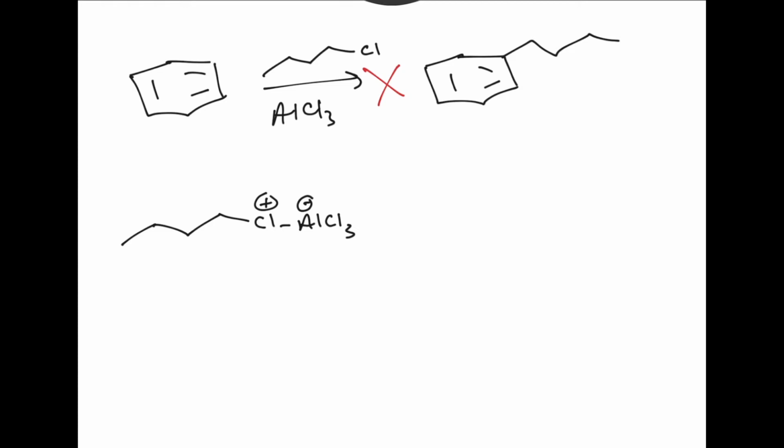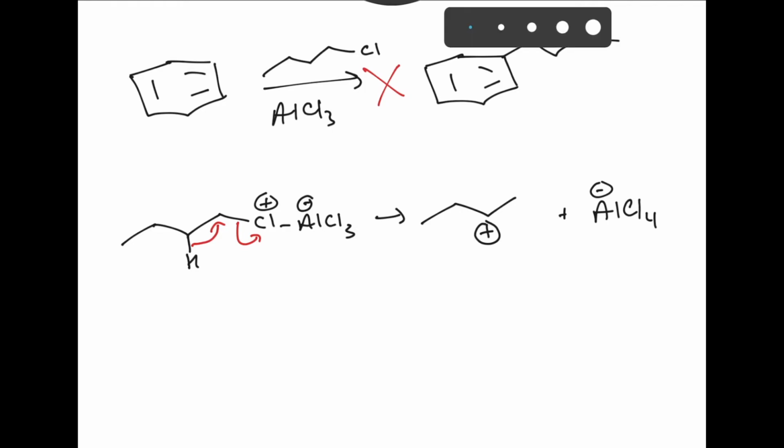So the bond doesn't get to break until the hydrogen one atom over helps push that chlorine off. And then you generate a secondary carbocation. So you never make the primary carbocation.